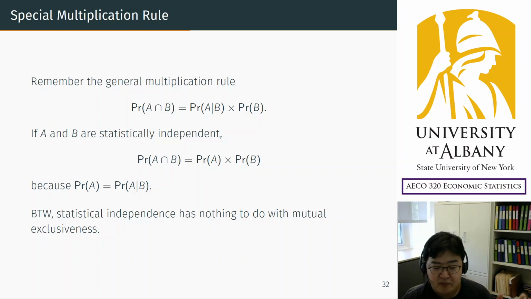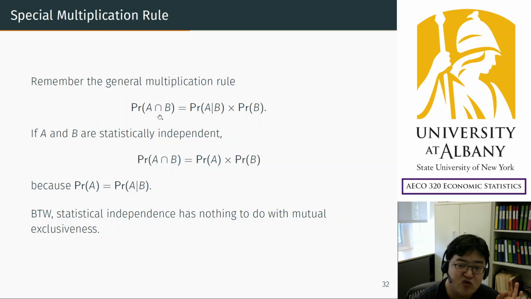And remember, in chapter 1, we learned the general addition rule and the special addition rule. At that time, the special addition rule was for the probability of a union. That's the difference. The special addition rule was particularly about the probability of a union when two events are mutually exclusive.